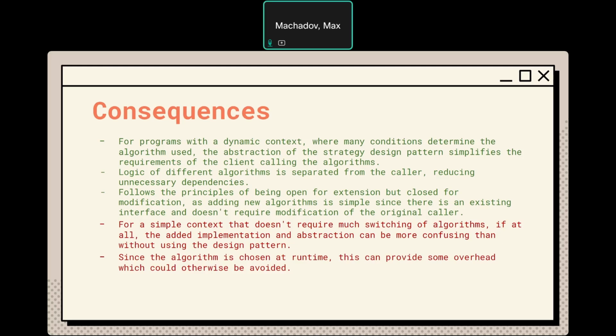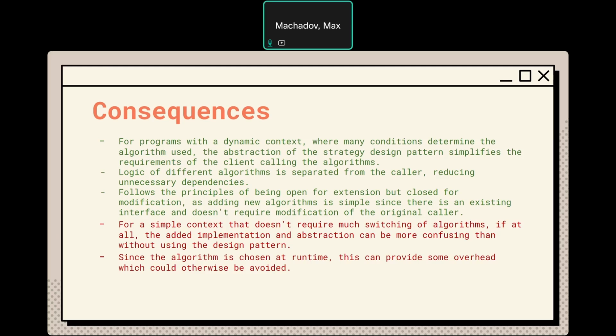However, there are times when the strategy design pattern is not appropriate to use. For a simple context, a program that doesn't require much switching of algorithms, if at all, the added implementation and abstraction of this design pattern can end up being more confusing than simply going without it. For a program that's really simple, or only needs one or maybe two algorithms, it might not make sense to add the confusion of different classes and algorithm objects when it's not going to be all that necessary.